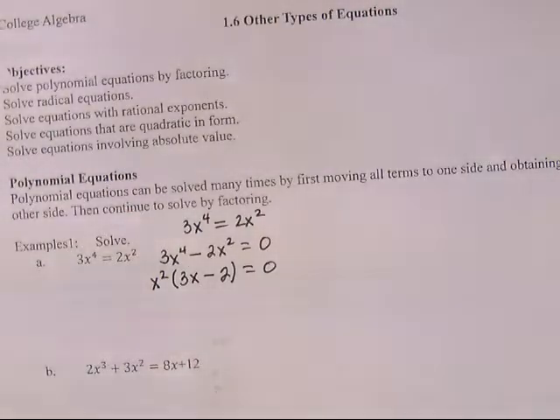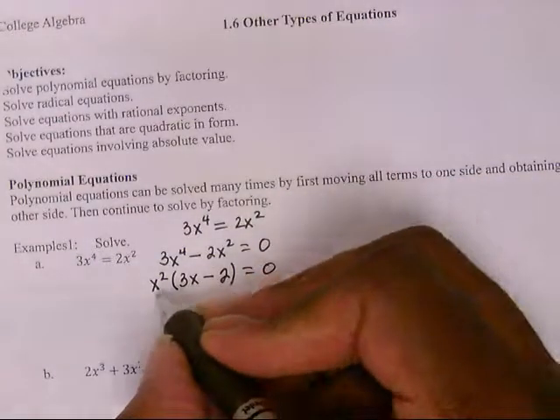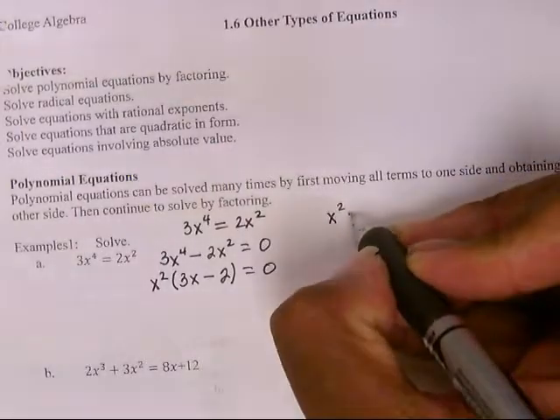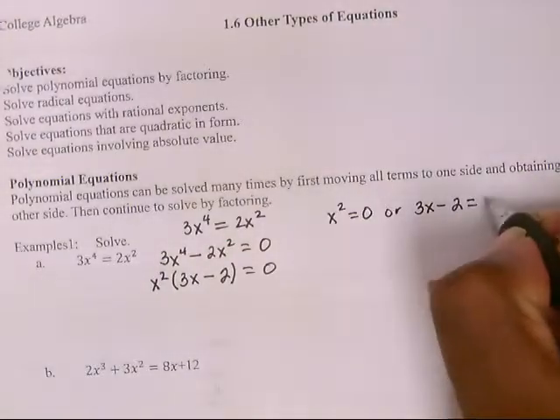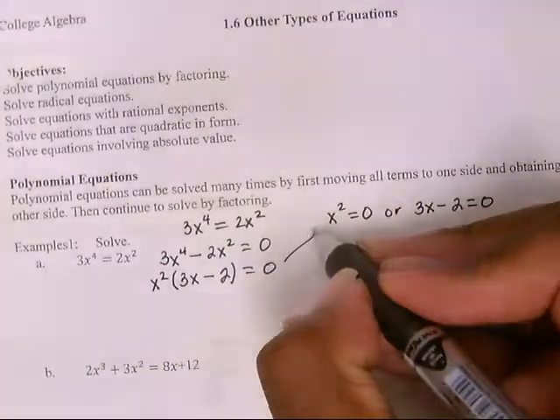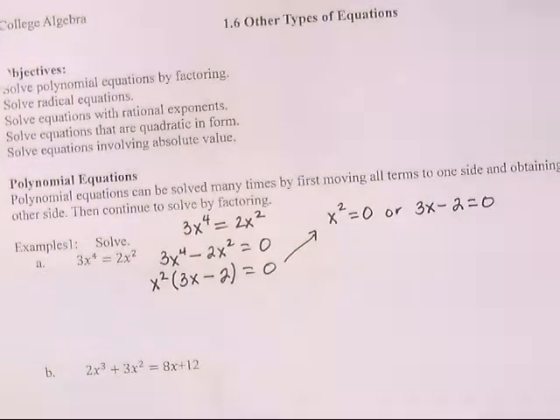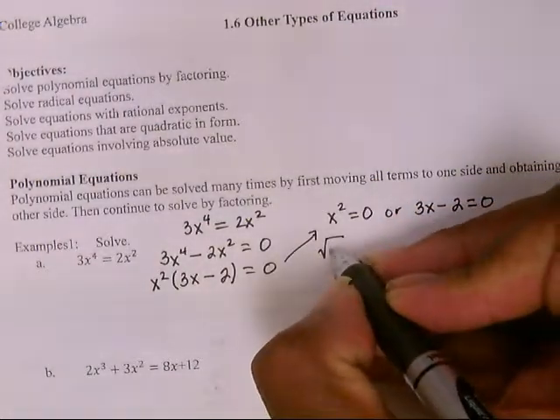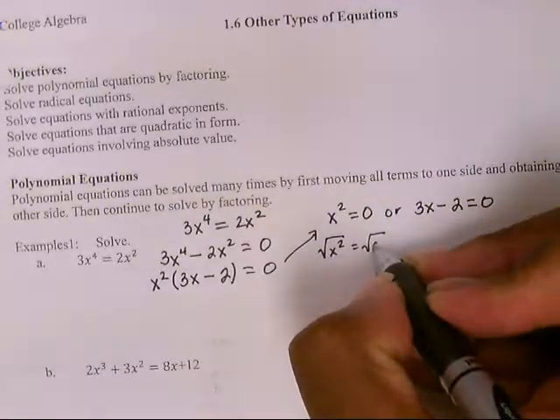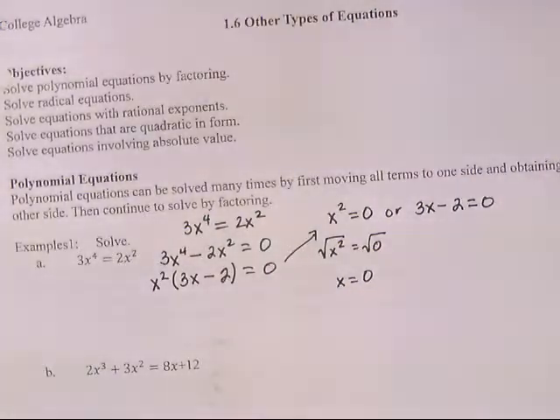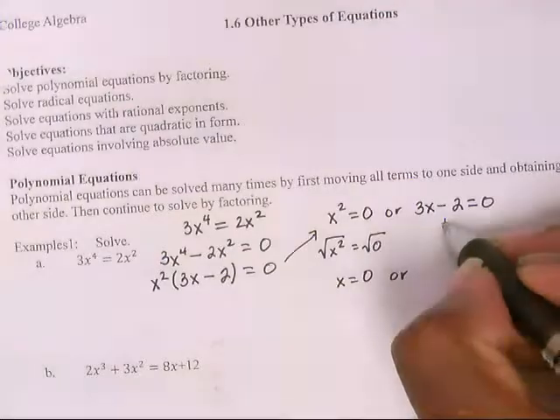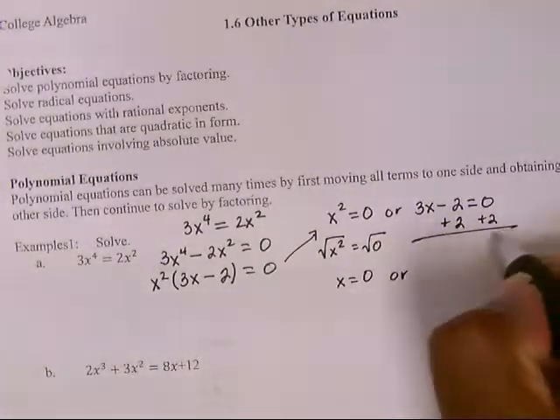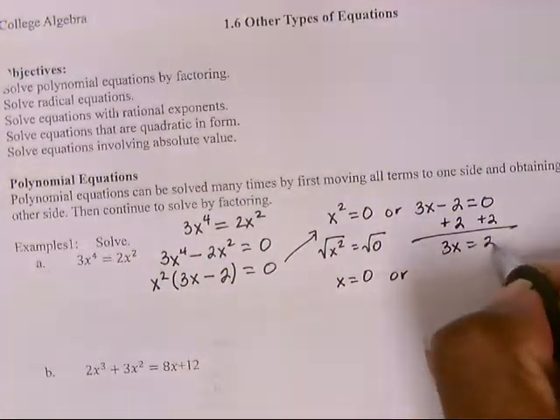And then we set each factor equal to 0. So this means x squared equals 0, or 3x minus 2 equals 0. Now for the x squared equal to 0, if I take the square root on both sides, I'm going to get x equals 0. And then for the 3x minus 2 equal to 0, if we add 2, you get 3x equal to 2.